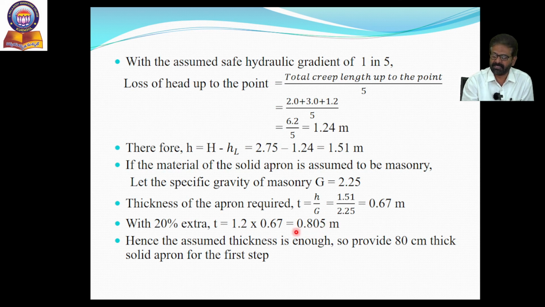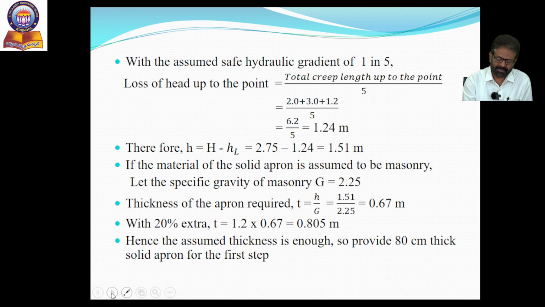This is the thickness to be provided. That's why earlier we assumed approximately 0.8 meters as the thickness of the floor. Our assumed thickness is enough and safe, so we can provide the same, 80 centimeter thickness of the apron as the first step. This is the detailed step-by-step procedure to determine the thickness of the solid apron.